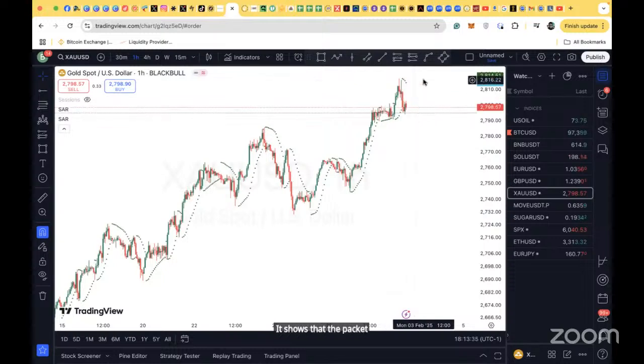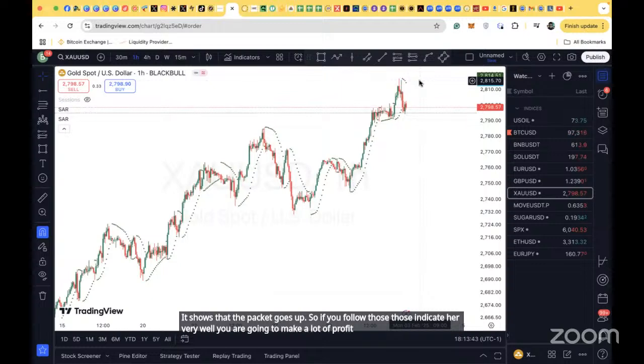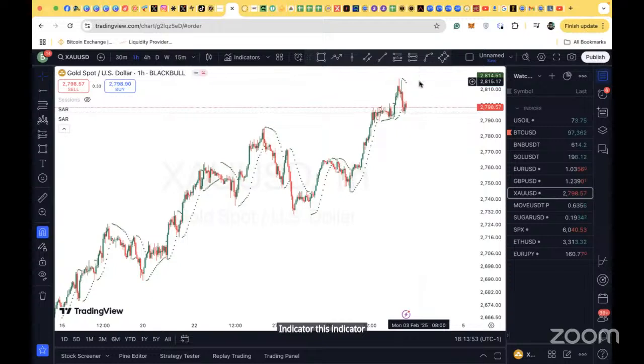So if you follow those indicators very well, you are going to make a lot of profit. So stochastic is very key. If you don't know how to use any indicator, this one is one of the best indicators to use.